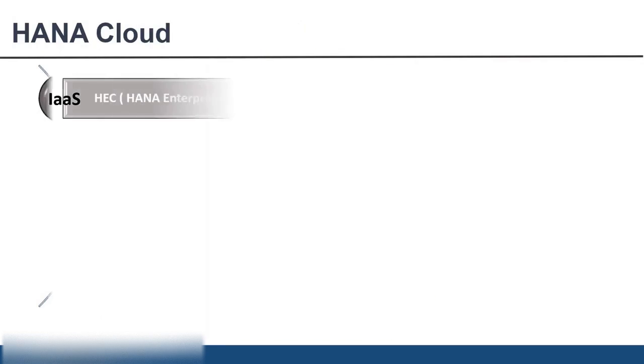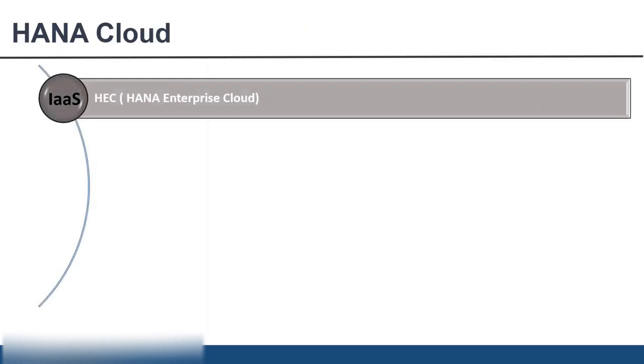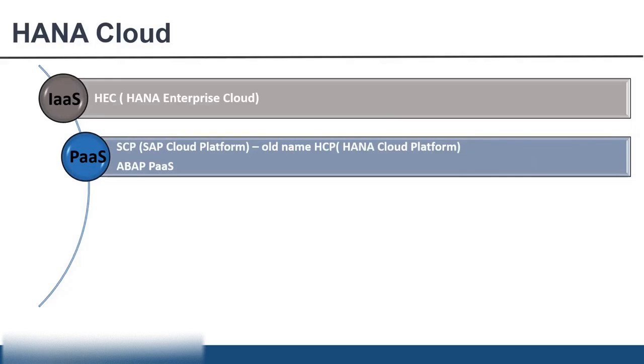Here you can see different cloud applications that SAP has introduced. For infrastructure as a service, SAP has come up with HANA Enterprise Cloud. For platform as a service, SAP has introduced SAP Cloud Platform. The old name was HCP, HANA Cloud Platform.